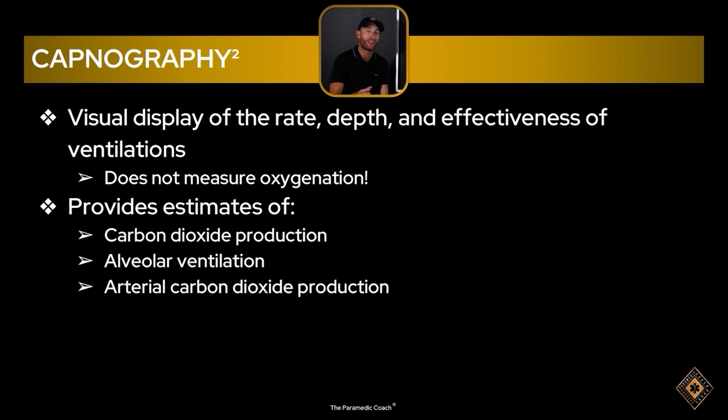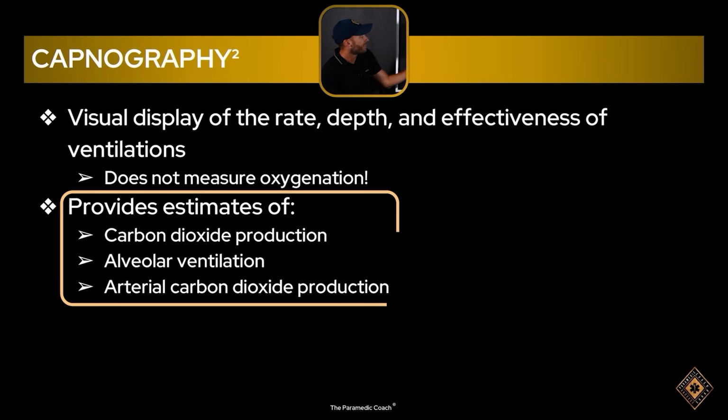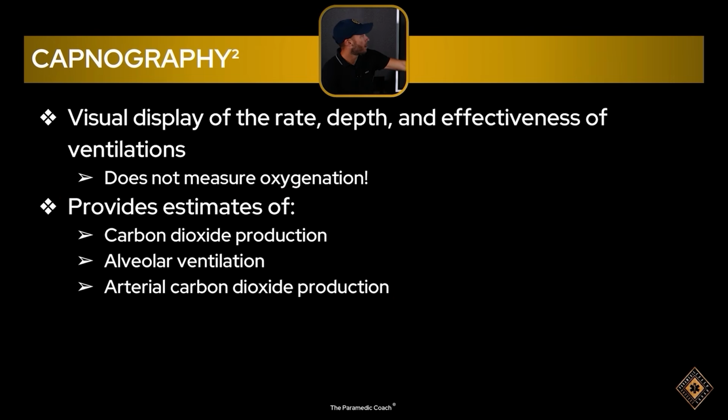So remember, end-tidal can show us perfusion, it can show us ventilations, and we're going to talk about acid base later on. Now, this provides an estimate of the carbon dioxide production, the alveolar ventilation, and the arterial carbon dioxide production. Remember that. We'll talk more in a minute.